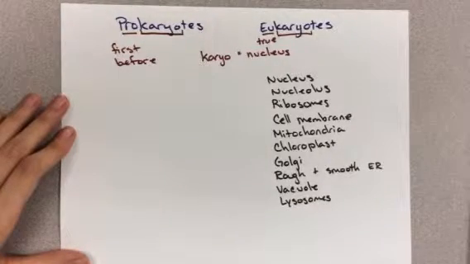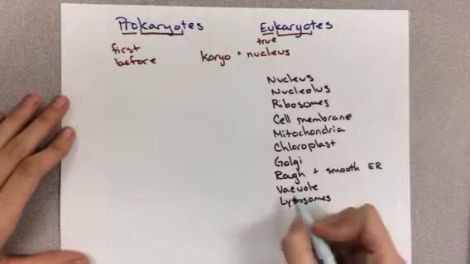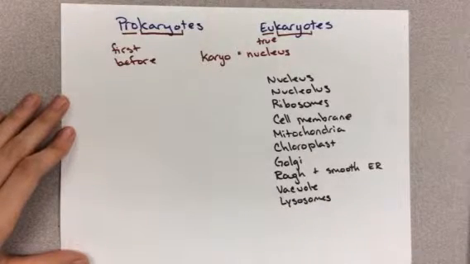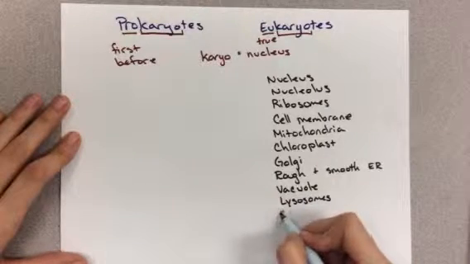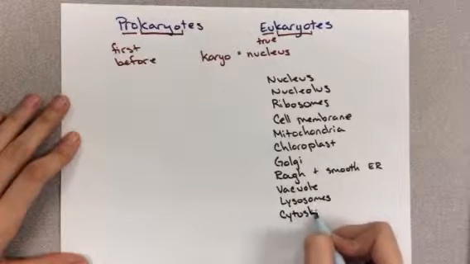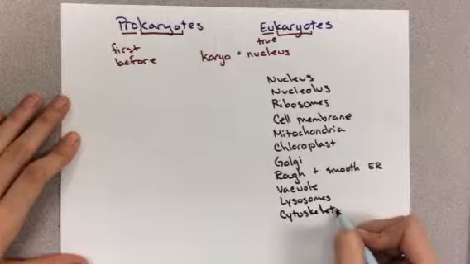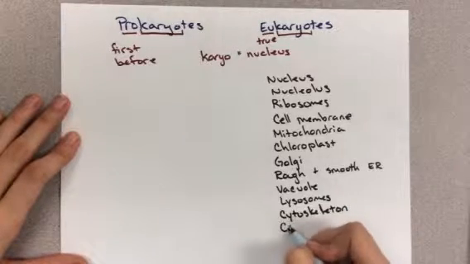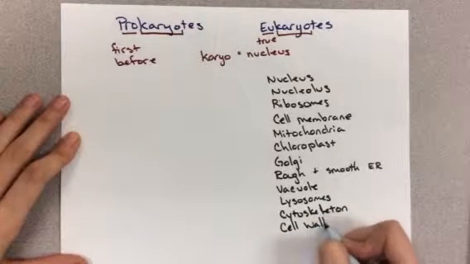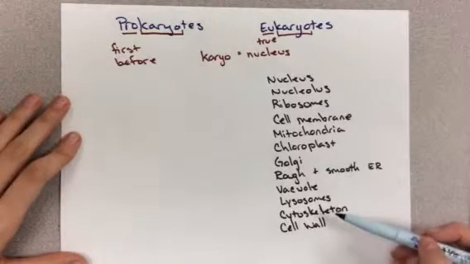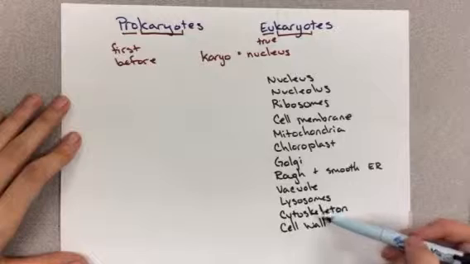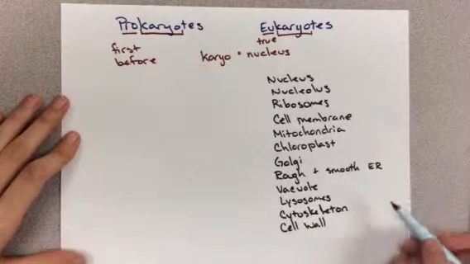Lysosomes, that has the word lyse, so they break down waste products. We also have cytoskeleton in animal cells, and we have a cell wall in plant cells, so that provides that rigidity or structure and support that all cells really need.